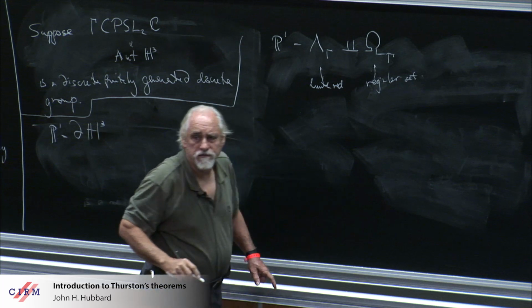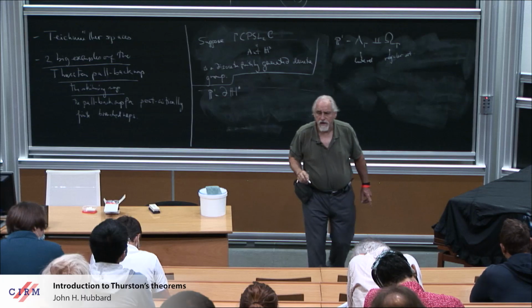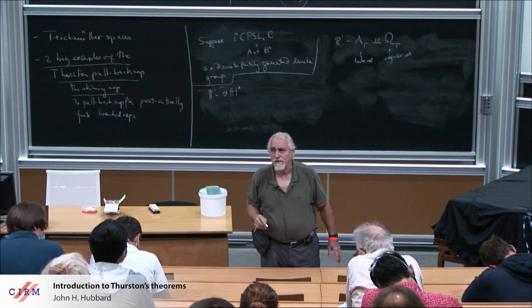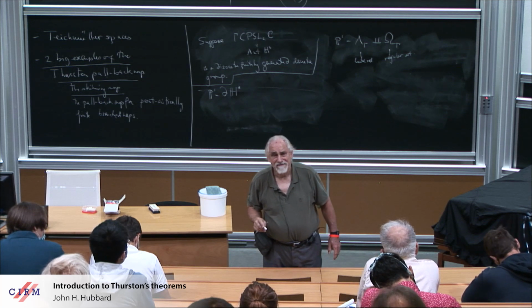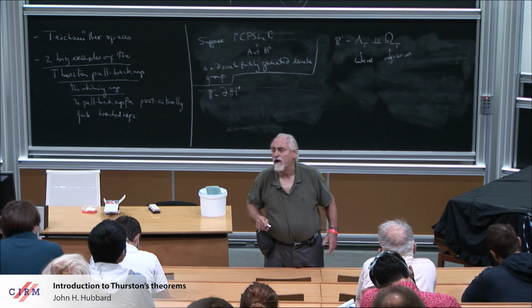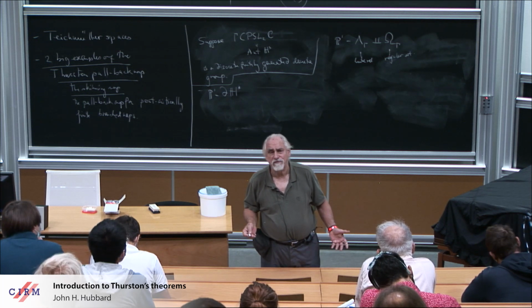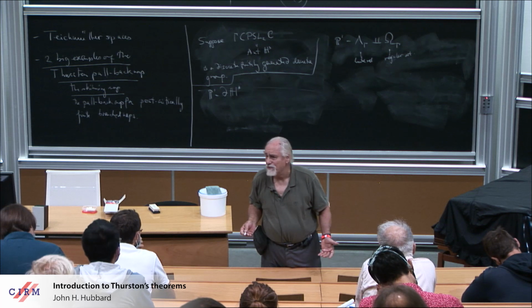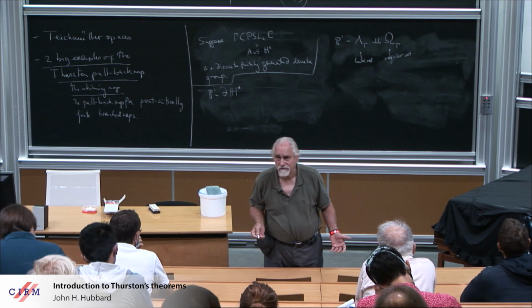Which you should think of as just like dividing the Riemann sphere into the Julia set and the Fatou set. And in fact, part of the purpose of this conference is to bring out the similarities of those two notions.